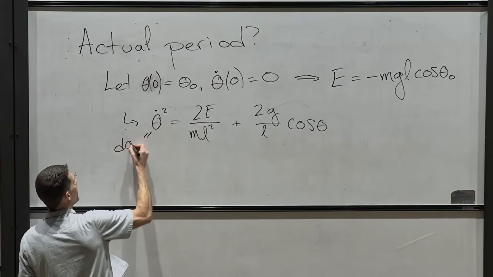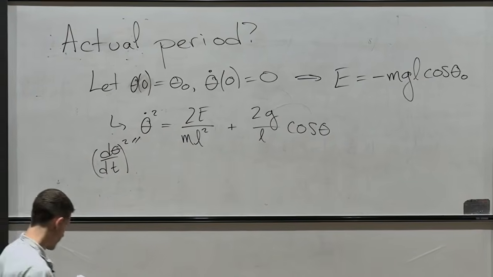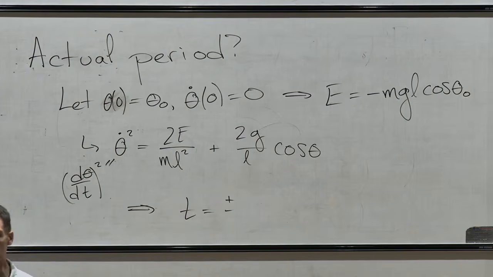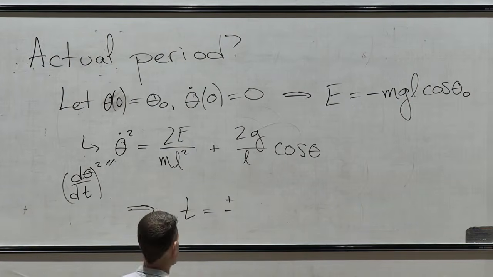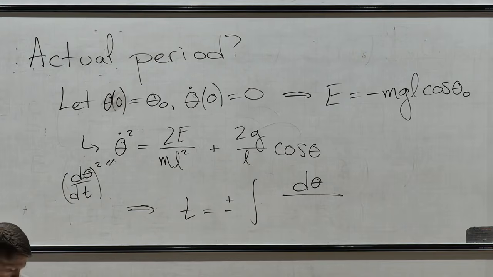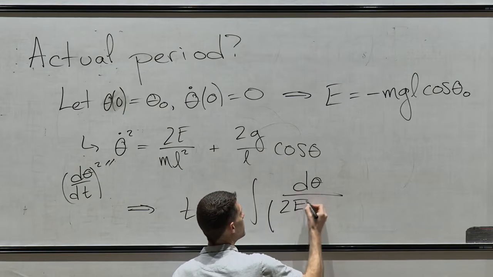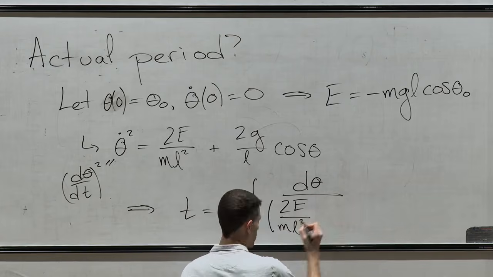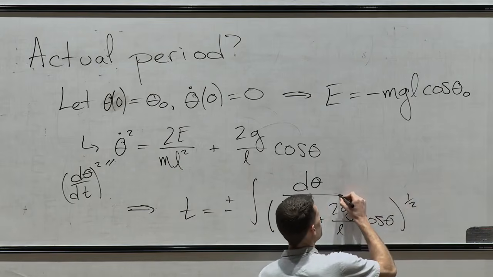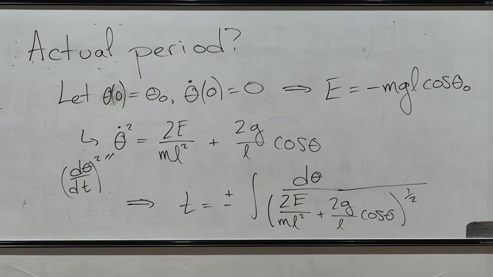So think of that as d theta dt squared. Take a square root, put the dt on the right-hand side, and we get an expression: t equals plus or minus, which is really the time irreversibility of the system, plus or minus the integral, viewed as an indefinite integral for the moment, of this rather ugly square root in the denominator, 2E over ml squared plus 2g... Okay, that's not very nice.